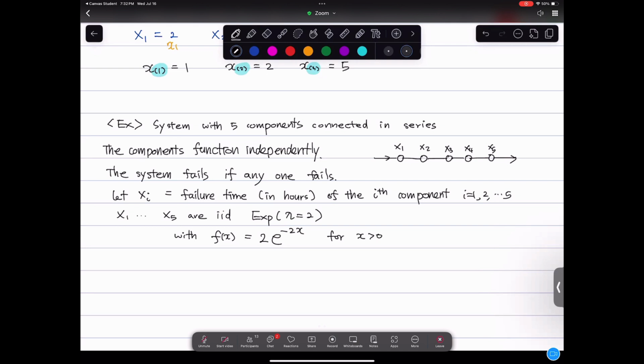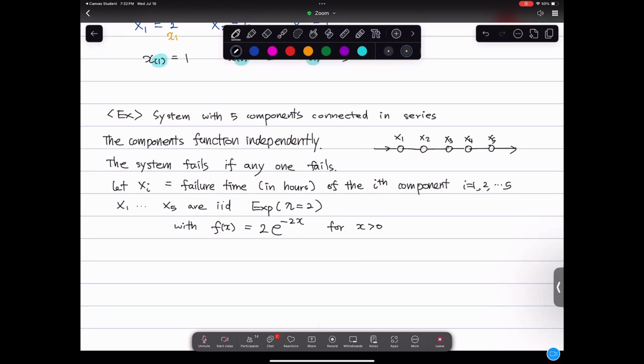What I want is the failure time of the system itself. So let's call y the system's failure time. Well, it's easy.